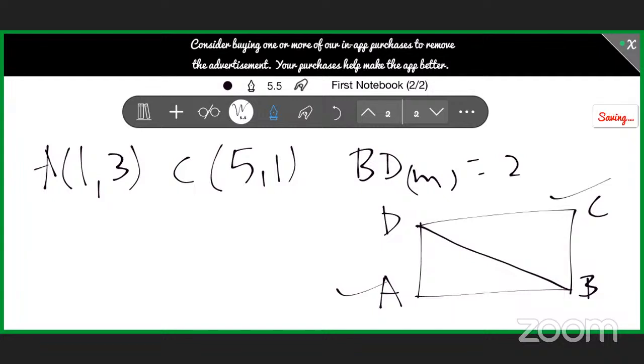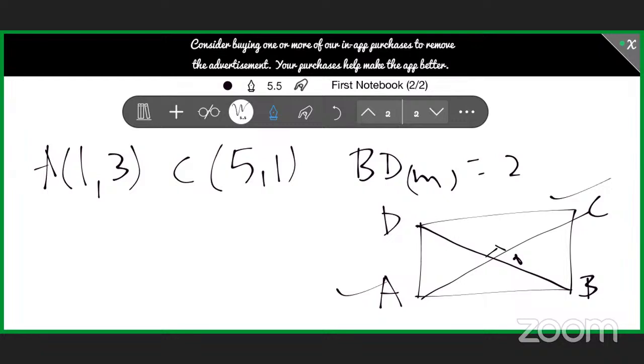If BD is this one, then this point will become the point of intersection. Let me take that as O. Now O becomes the point of intersection, and since it is bisecting, it is dividing this one equally. So O also becomes the midpoint.